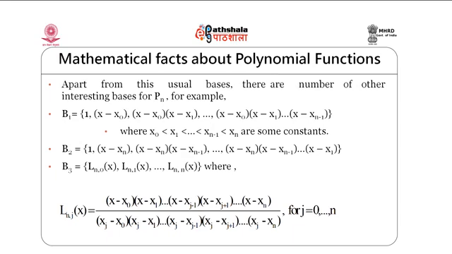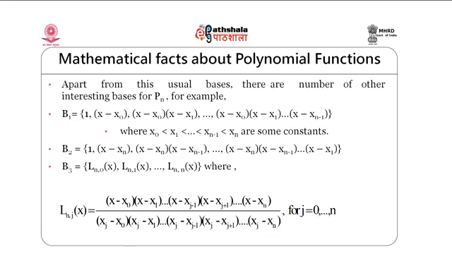Apart from the usual basis, there are a number of other interesting bases for P n. For example, we consider another basis, say B 1, which is given by 1, x minus x 0, then x minus x 0 into x minus x 1.